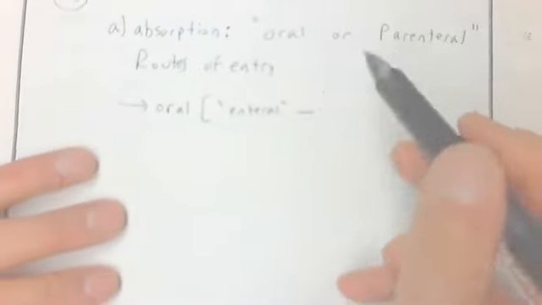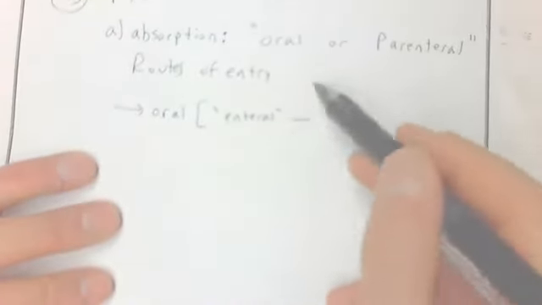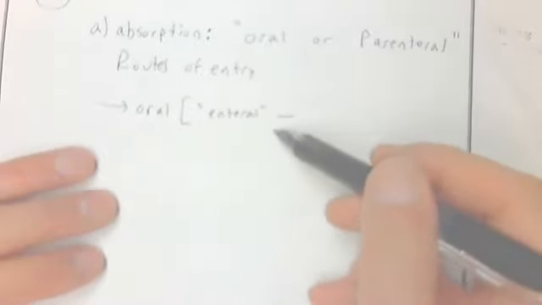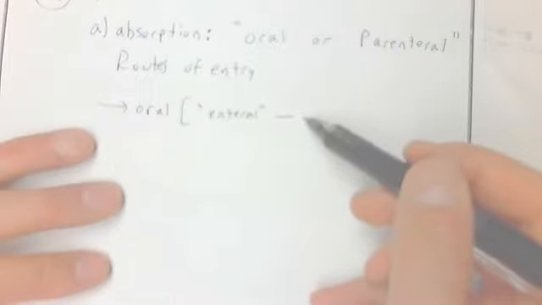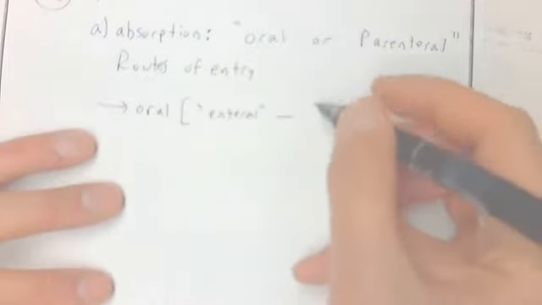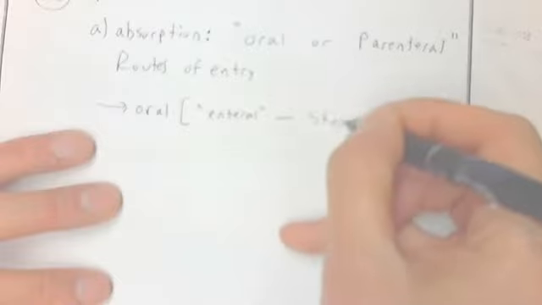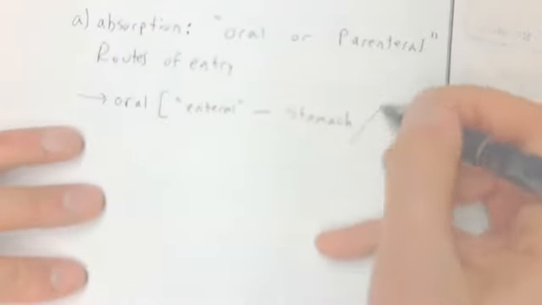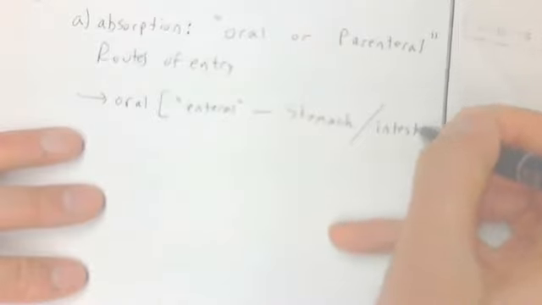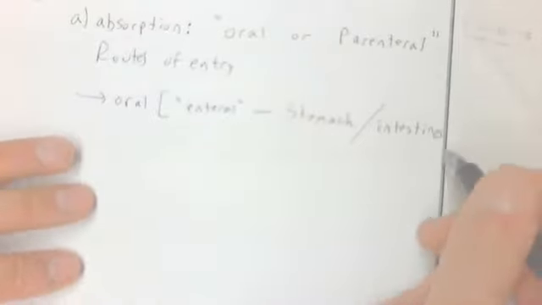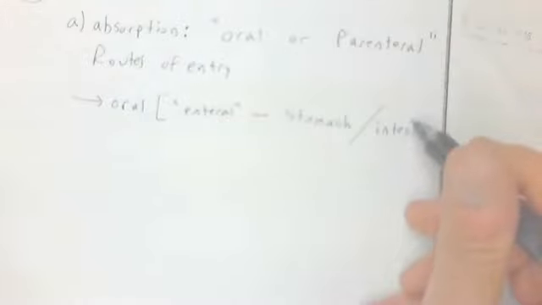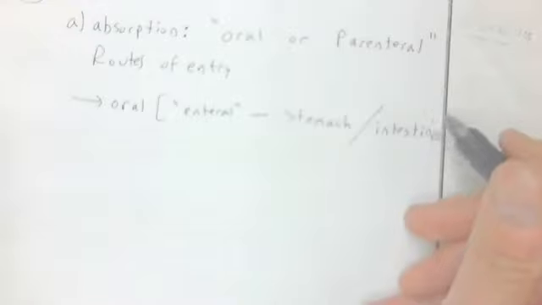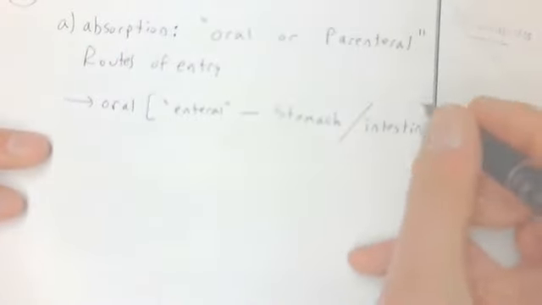Of course, it has to make its way eventually into systemic circulation, right? There's a few steps of physiology there. So at first it would go into your stomach, and then through your intestinal linings, and then eventually reach your systemic blood circulation, right? Okay.